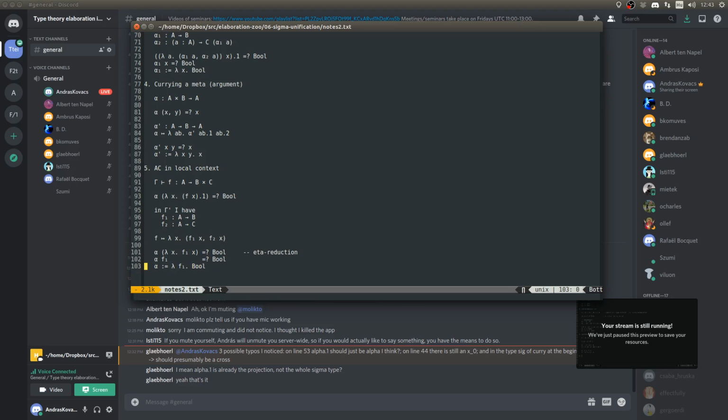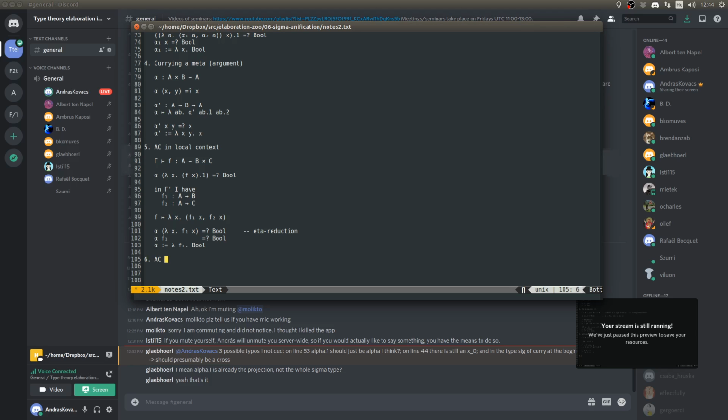Here I can do the usual pattern solution because this is just a normal bound variable in the local scope. So this is this axiom of choice in local context, and this is already something which is not supported by Agda.